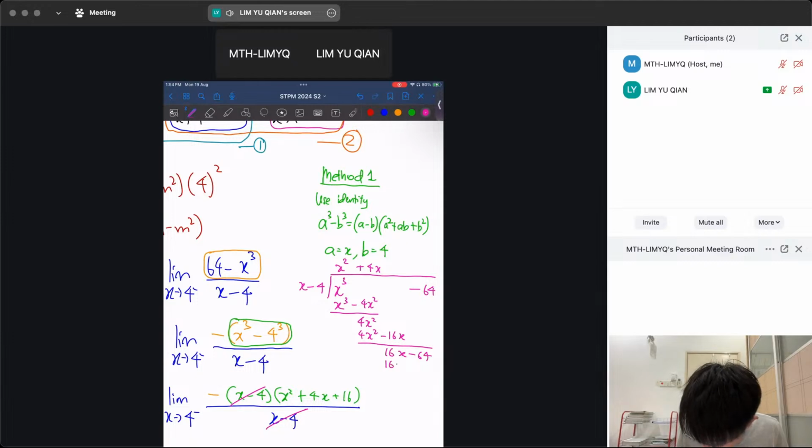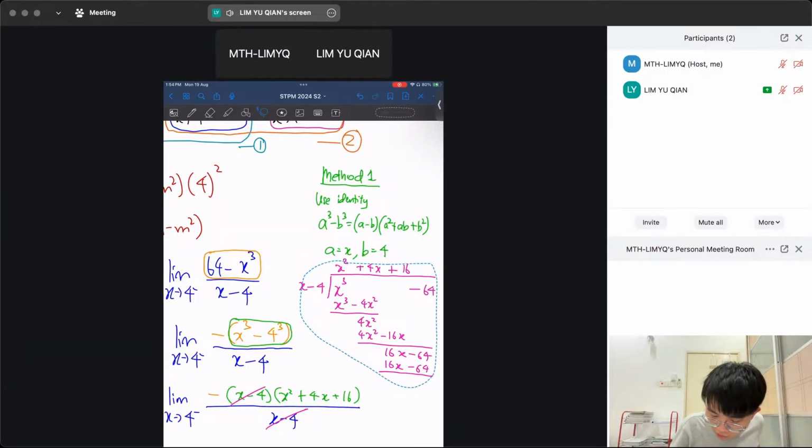So 16x minus 64, 这个是 absolute. So plus 16. From here, you know this one can be factorized into these two parts.